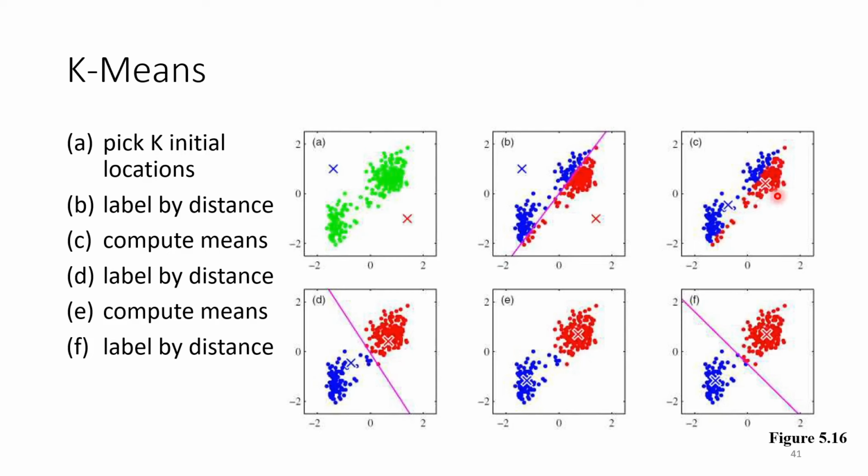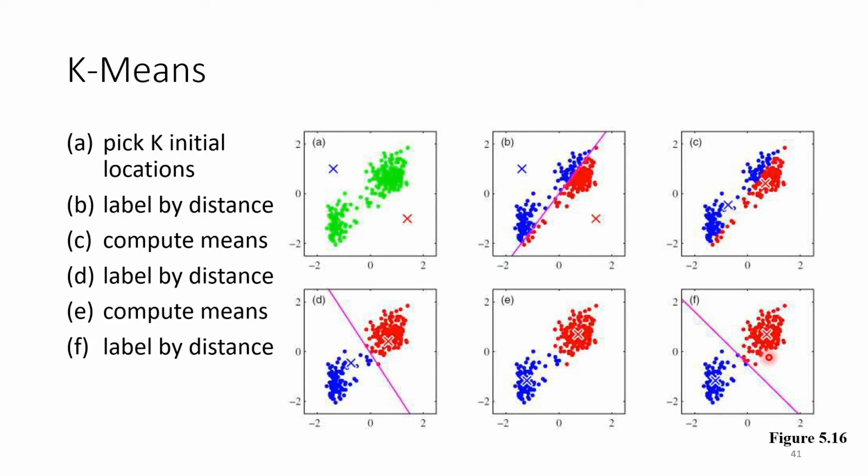The red cross is the new mean of the red group, and the blue cross is the new mean of the blue group. Then again, use the new means to separate the whole data, and repeat until it converges. So this is k-means.